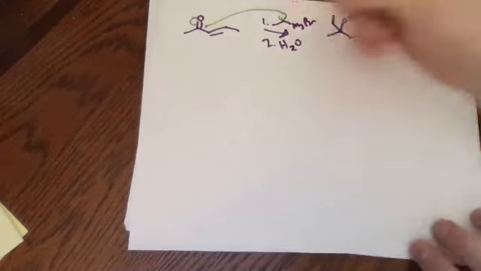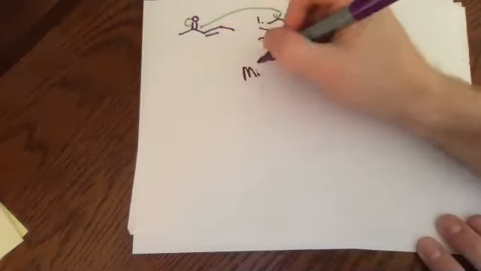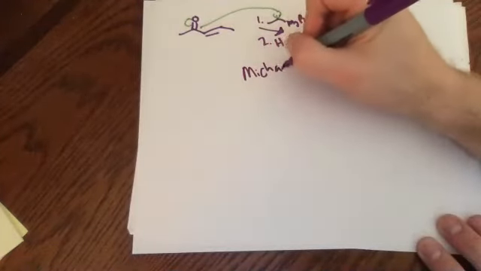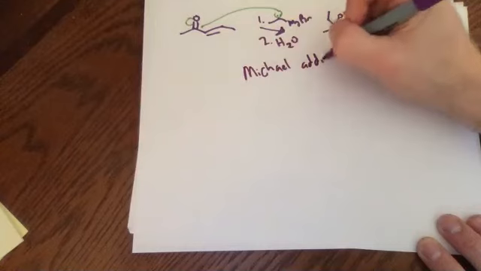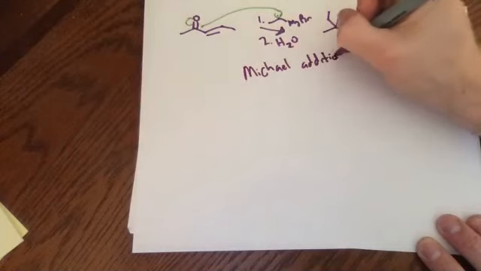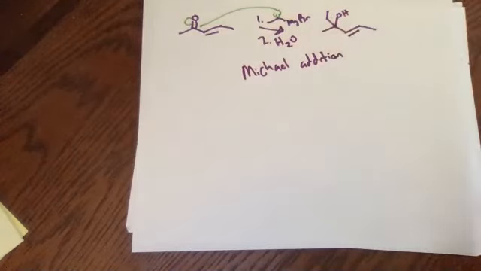If instead we want to do what's called a Michael addition, we're going to need a softer alkylating reagent, which we've already used back when we were doing acid chlorides.